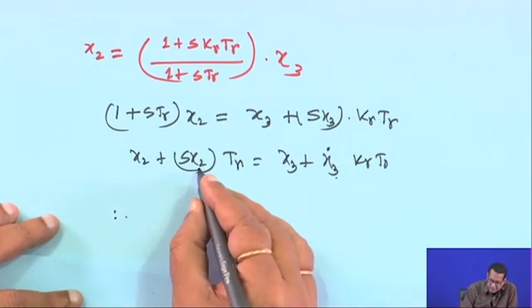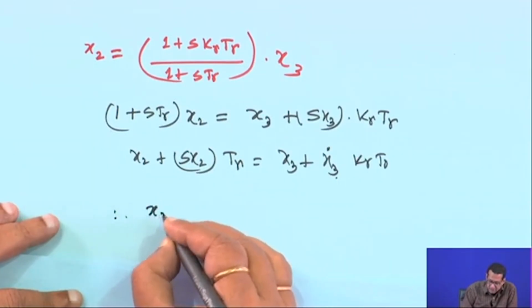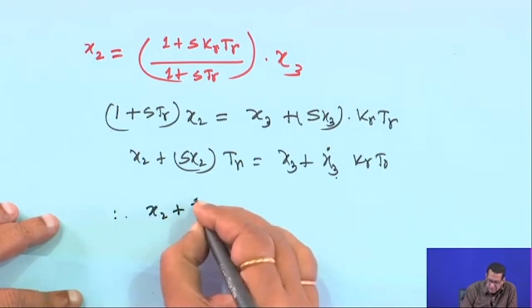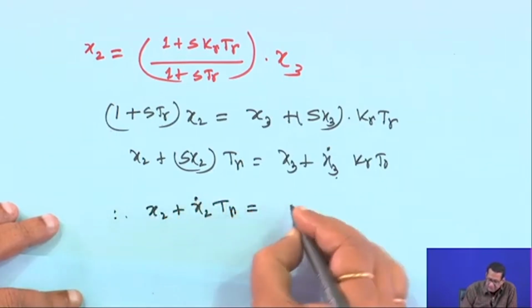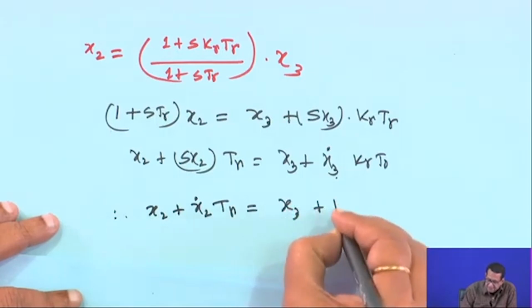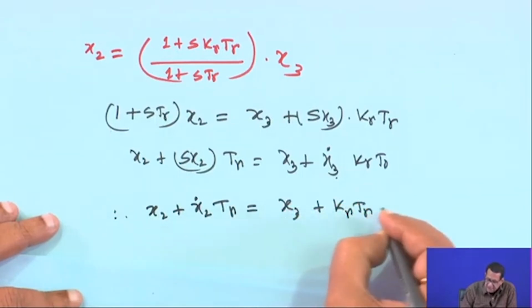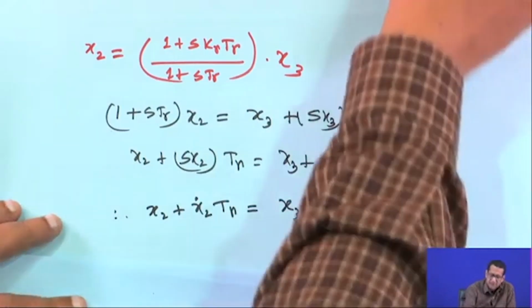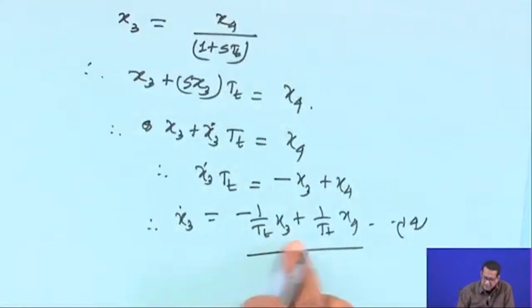So, the way I have chosen the state variable, s x2 is x2 dot. So it is x2 plus x2 dot into Tr is equal to x3 plus Kr into Tr, and this x3 dot, minus 1 upon Tt x3 plus 1 upon Tt x4, you substitute.